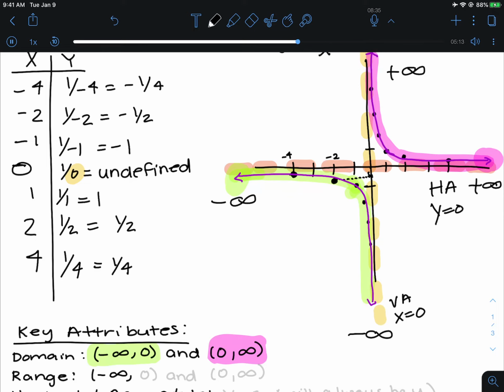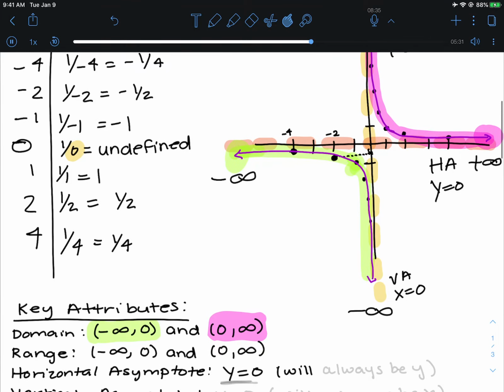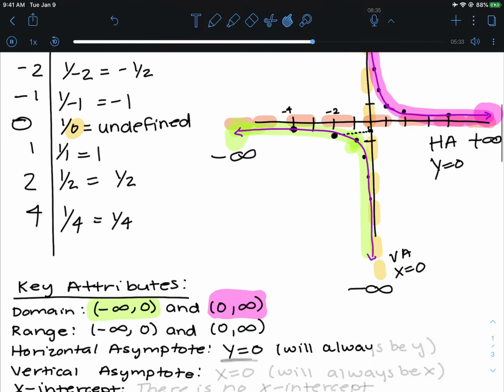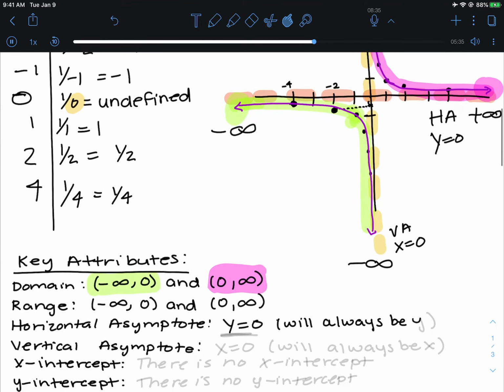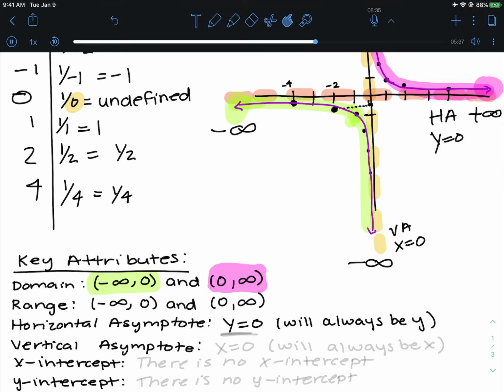So we're going to go from negative infinity to 0, and then we continue where we left off, so that's 0 going all the way up to infinity. Now, I just told you where your horizontal asymptote was, which was at y equals 0. So the horizontal asymptote will always be y, and the vertical asymptote is going to be x equals 0, meaning that this will always be x.